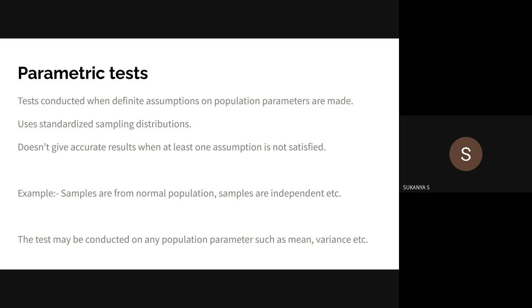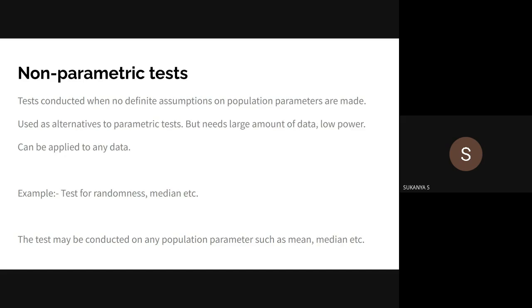Now what is a way to tackle it? If the assumptions are not satisfied, we can't probably go with it. So what would you do? The next possible solution is to find a way to test the same hypothesis about the same population parameter in scenarios where these assumptions about our population parameters are not satisfied.